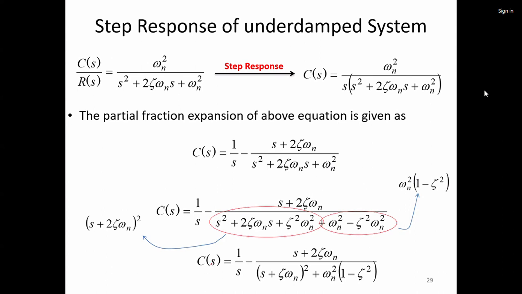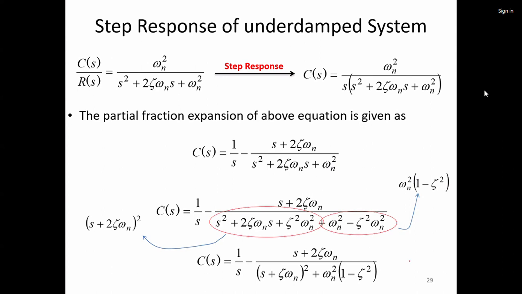Now this can be further written as 1 over S minus (S plus 2 j omega n) is here. Then this term becomes (S plus j omega n) whole square. Right? You can see here A square plus B square plus 2AB. Then plus omega n square you take outside of the bracket, and inside the bracket you will have 1 minus j square. Okay.